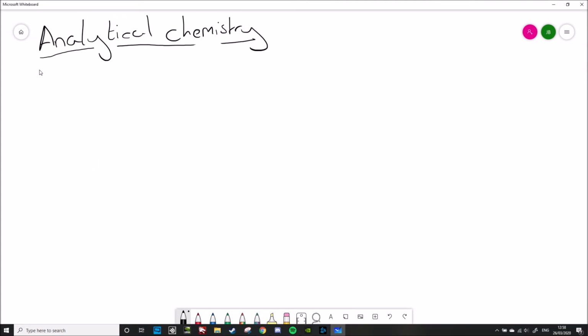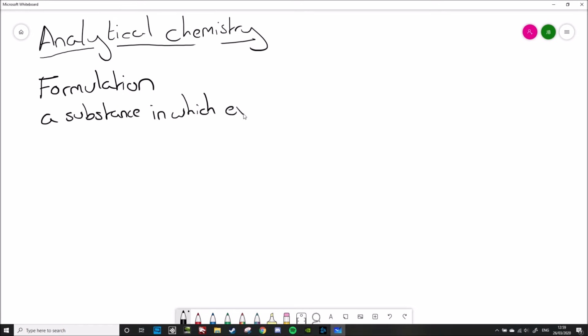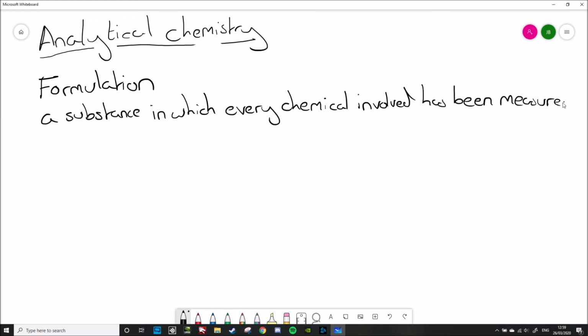So, a formulation. Now this is a substance in which every chemical involved has been measured out precisely plus accurately.